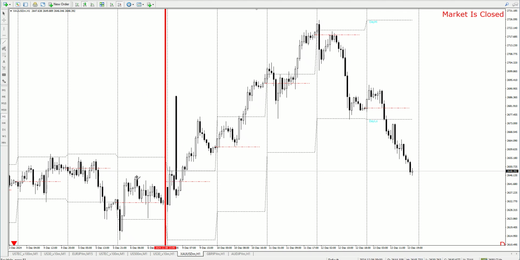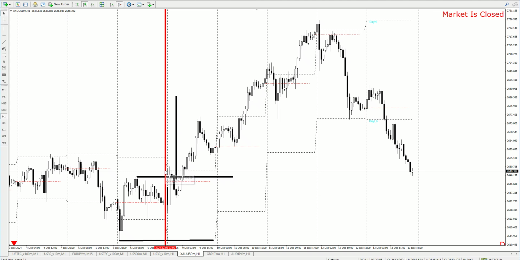And let's draw the high and the low of Friday, because as you can see here, this is the high of Friday, but it's not really the high of Friday, because my broker actually opens on Sunday night. Depending on your time zone or your region, some brokers open on Sunday night.